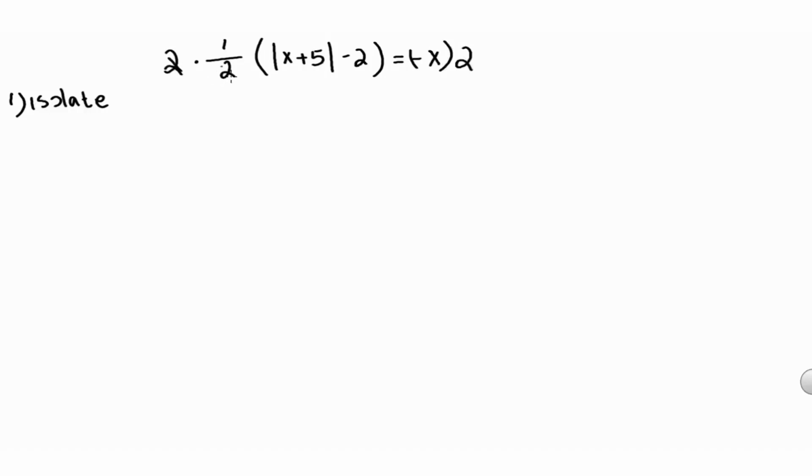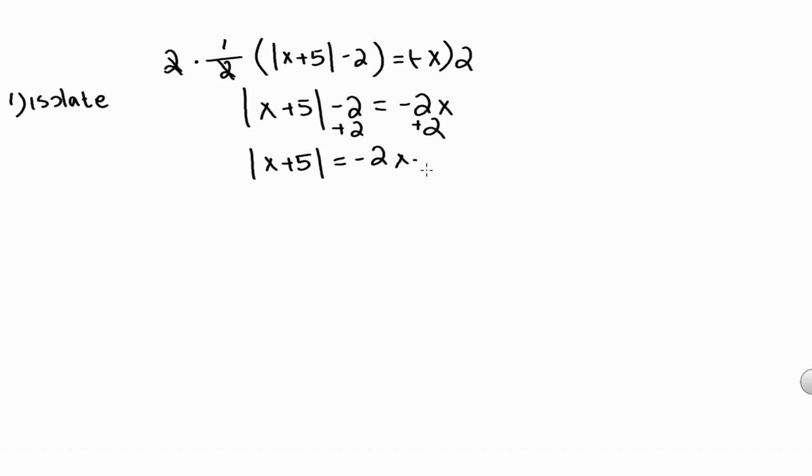This will cancel out and I am left with |x + 5| - 2 = -2x. Now I'm going to move this side over. I'll add 2 to both sides. |x + 5| = -2x + 2. Now I have my absolute value on its own.